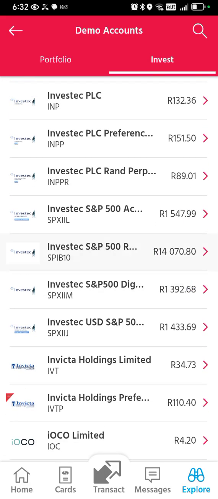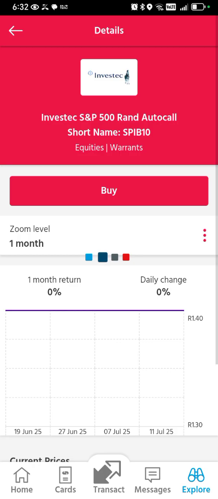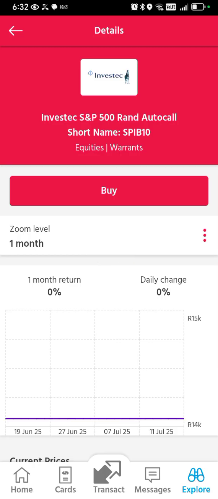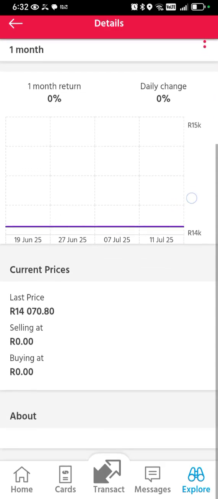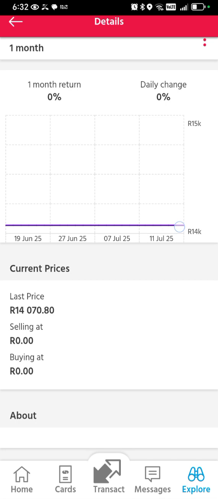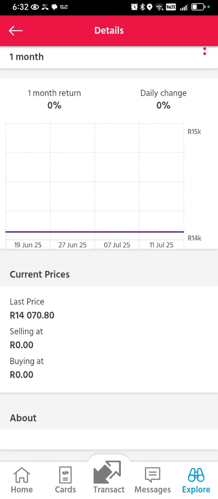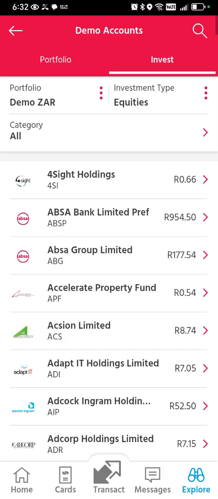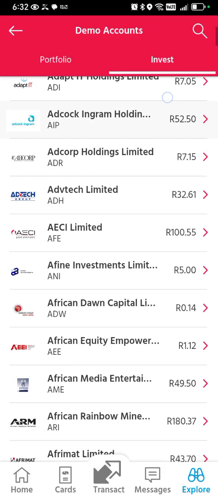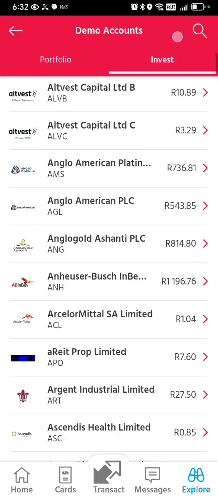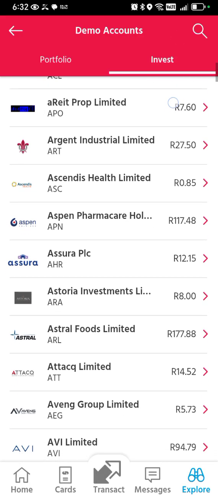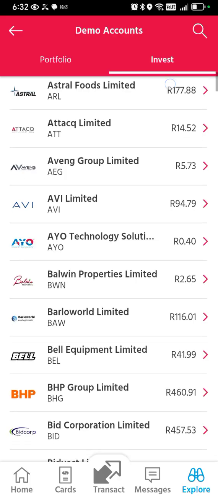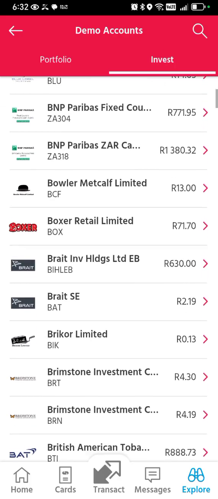This company, the share is expensive. One share is 14,000 Rand. But then we don't see the price that the shares are bought at. All of these companies you can invest in.